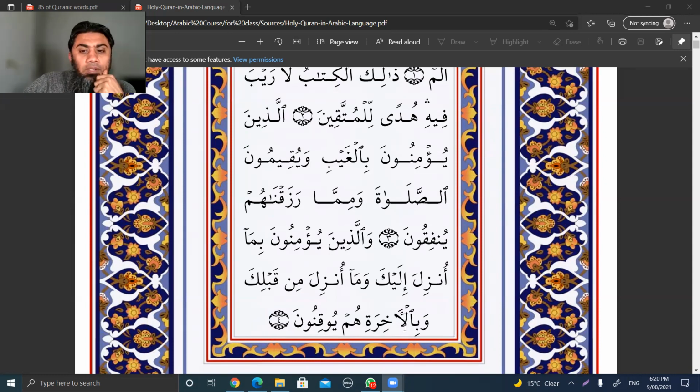Like I said before, just this jar majroor phrase cannot tell us at this stage what it is. Let's move on. Hum is a pronoun, and in this case it is not attached to anything, so it is an independent pronoun.